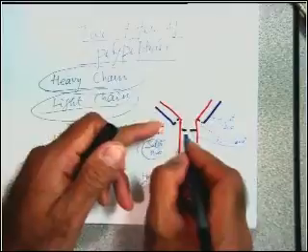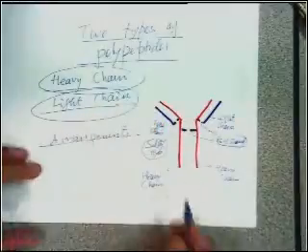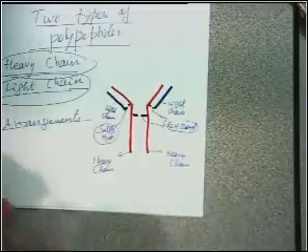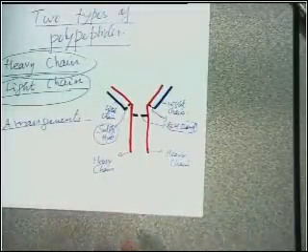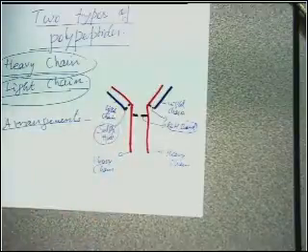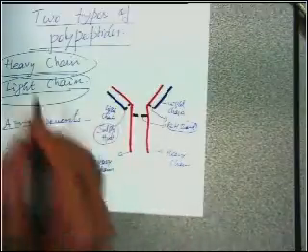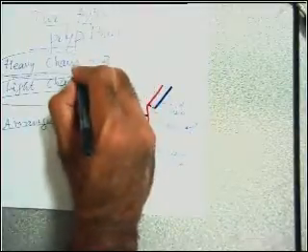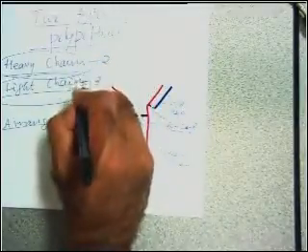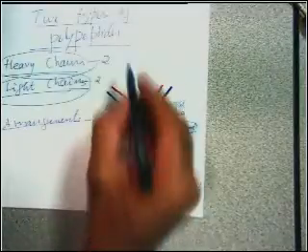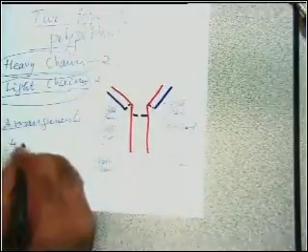So in total, the antibody molecule looks like this. The antibody molecule has two heavy chains and two light chains. How many chains are there in total? 1, 2, 3, 4. There are four polypeptides.